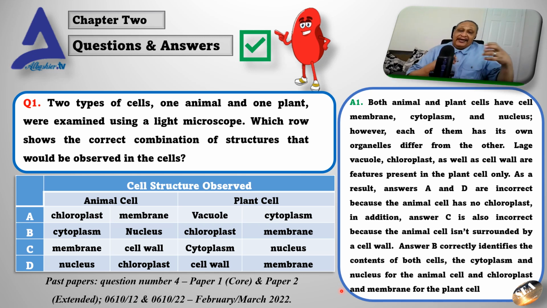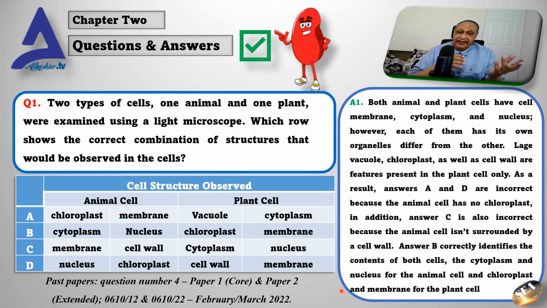I solved it by elimination. I found something wrong with some combinations, so I rejected them. Why? Because there is something wrong. In A, chloroplast is found under the animal cell, which is wrong because chloroplast is a specific feature of the plant cell.